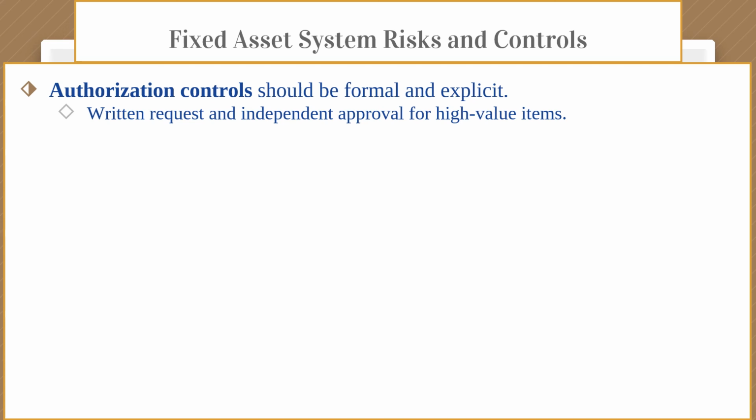As we said, because fixed assets carry a lot of value or cost, even though those items are not purchased or disposed of frequently, it requires independent and higher-level approval.